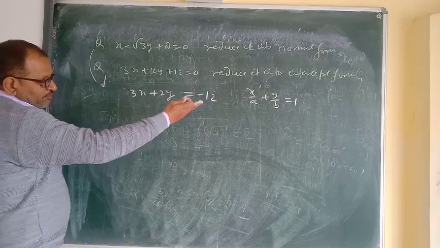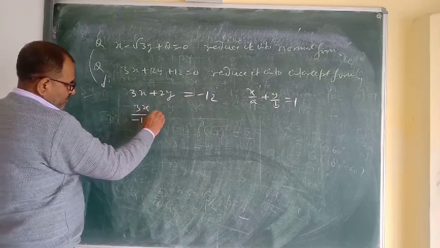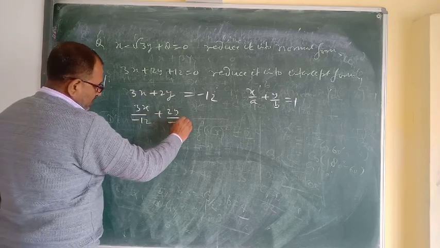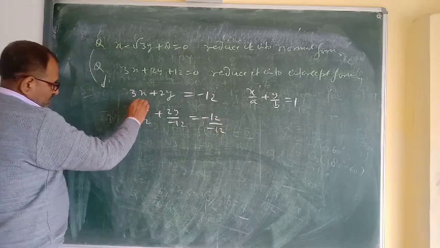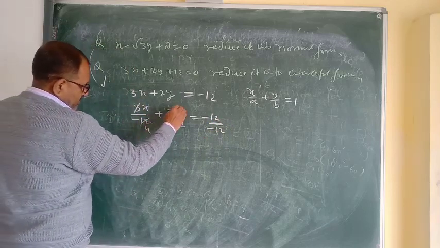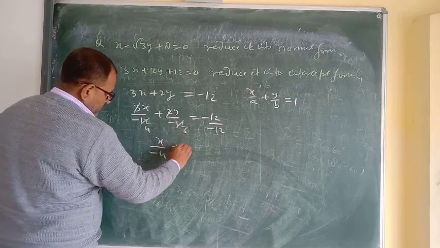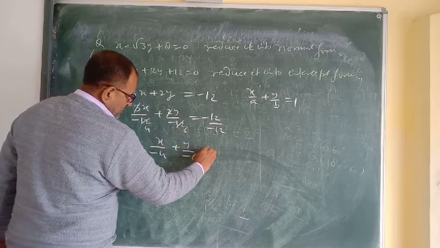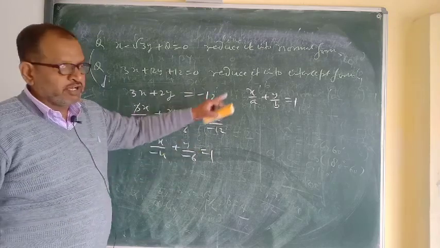So on the right side we have to make 1. So divide the whole equation by minus 12. Minus 12 by minus 12. 3 4s are 12, 2 6s are 12. x upon minus 4 plus y upon minus 6 is equal to 1. So this is the intercept form of the line.